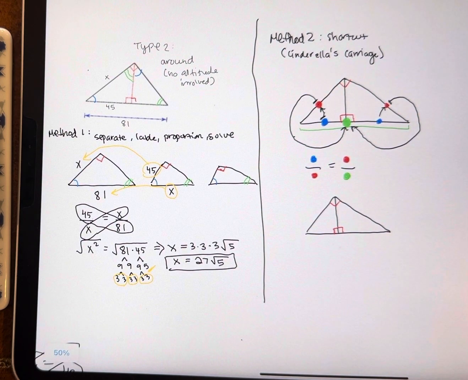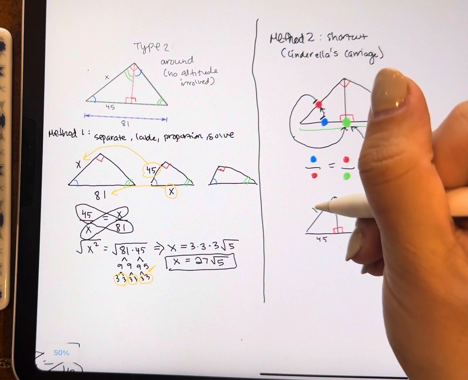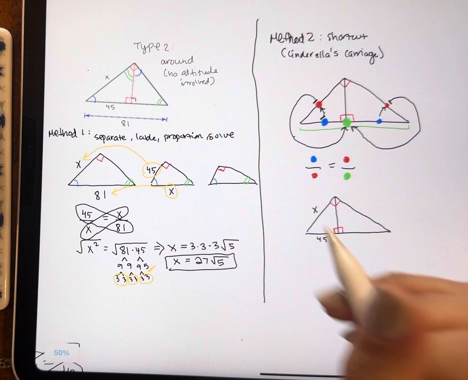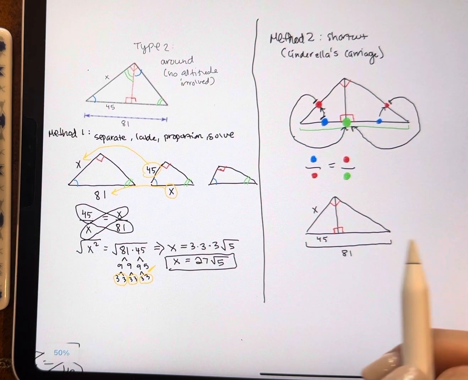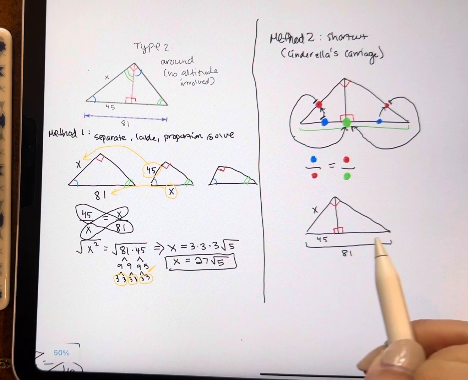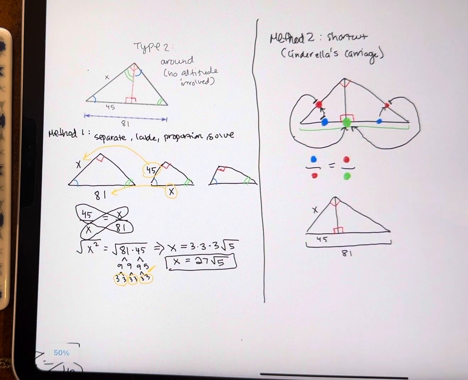All right, they gave me 45 right here. They gave me X right here. And then they gave me the entire thing is 81. Let's say they didn't straight up give it to me, but they gave me that length. Then I can add them to create the whole length that I need so that I can use this. So please keep all that in mind.